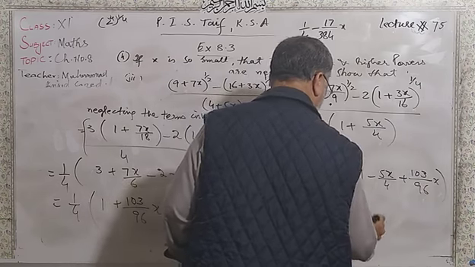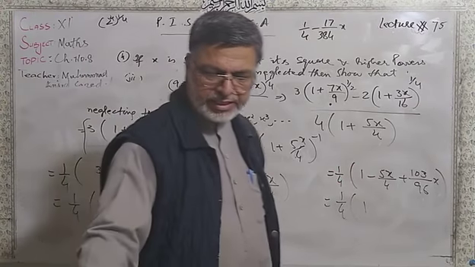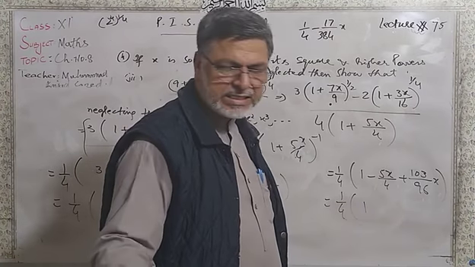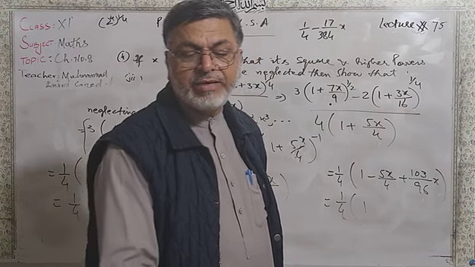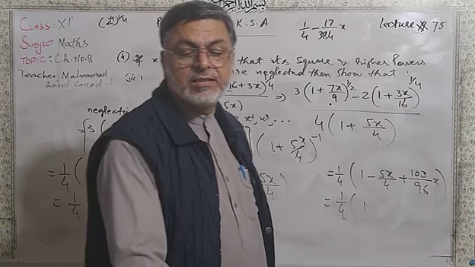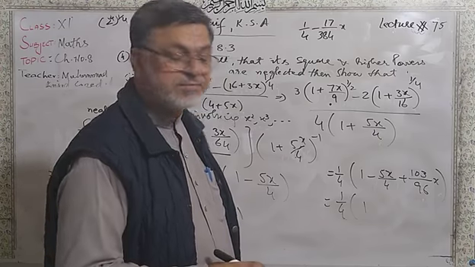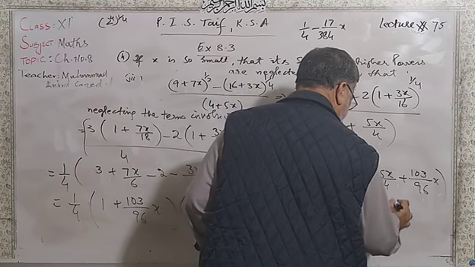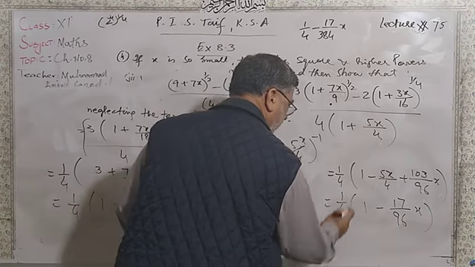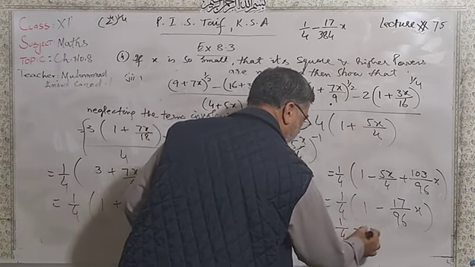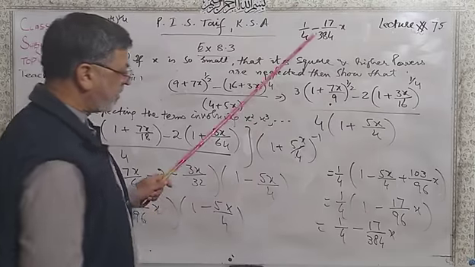Here is 1 over 4, 1 minus 5 over 4 and 103 over 96. You multiply, it will actually be minus 17 over 96 x. Now you multiply by 1 over 4, that is 1 over 4 minus 17 over 384 x. That was your right hand side.